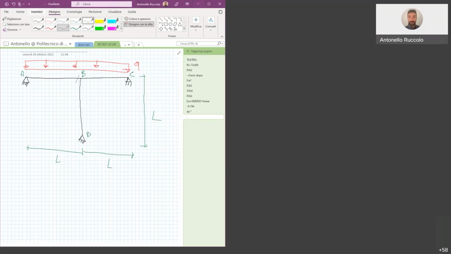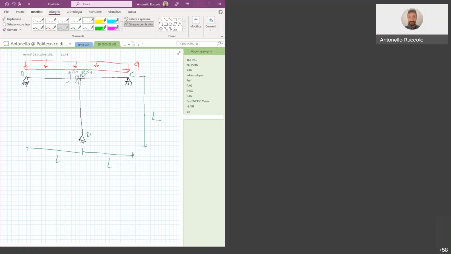So introduce an internal hinge in this part of the structure. This is the internal hinge, and then we can explicit the redundant force associated to that.